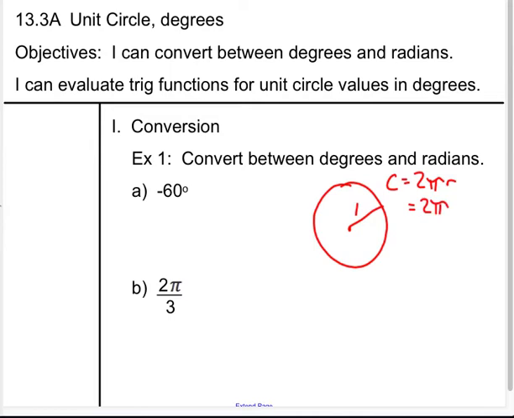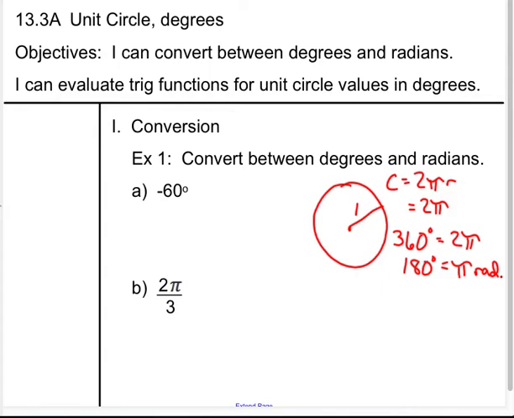Well, there are 360 degrees in the circle, so the exchange rate between degrees and radians is that 360 degrees equals 2 pi, or to simplify, we divide both sides by 2, we get 180 degrees equals pi radians. So we can use that relationship to convert.